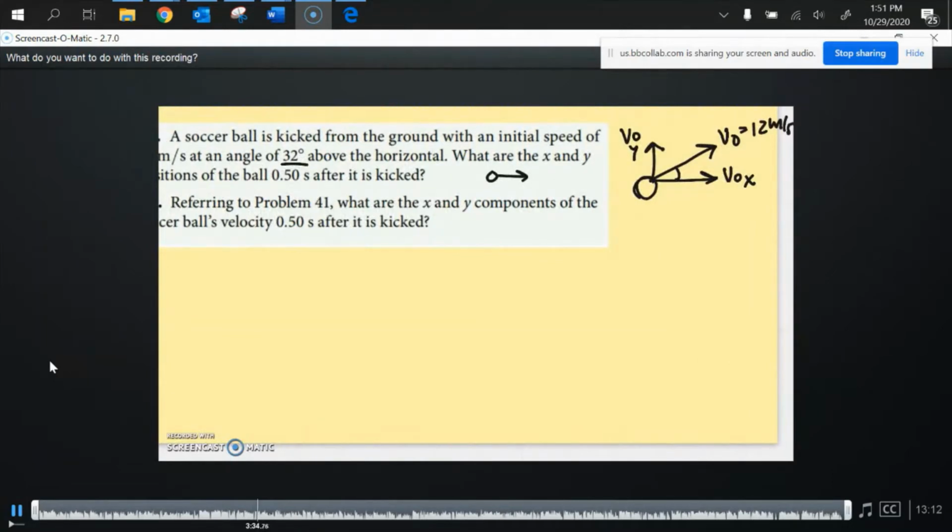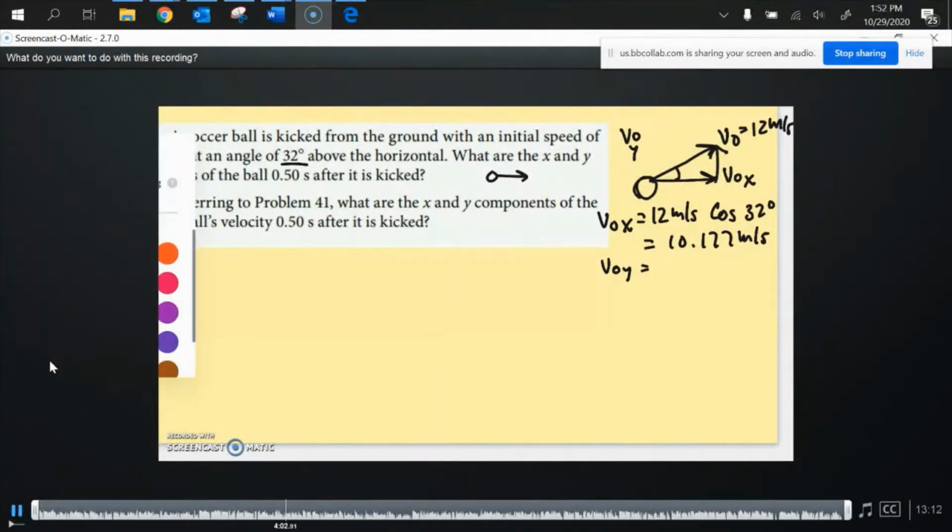So if I want the initial velocity in the x direction, I'm going to take that 12 meters per second, and since that v0x is right beside the angle, I'm going to multiply by cosine of 32 degrees. If I do that, I end up getting 10.177 meters a second. And if I want the v0y, since that v0y is not touching the angle, and if you want to see the triangle, I could move it over here like this.